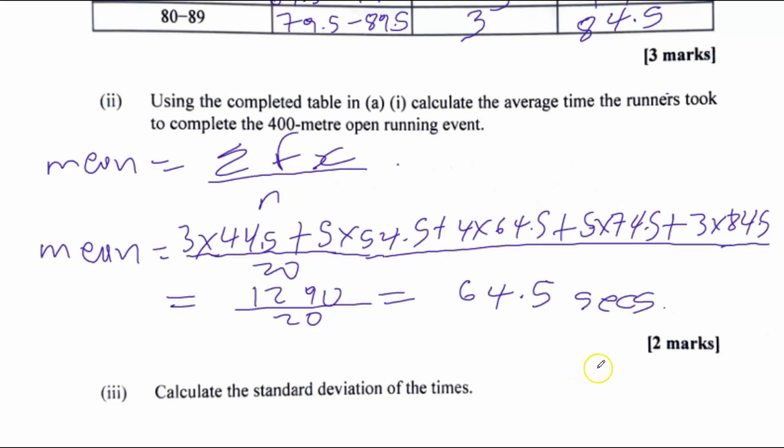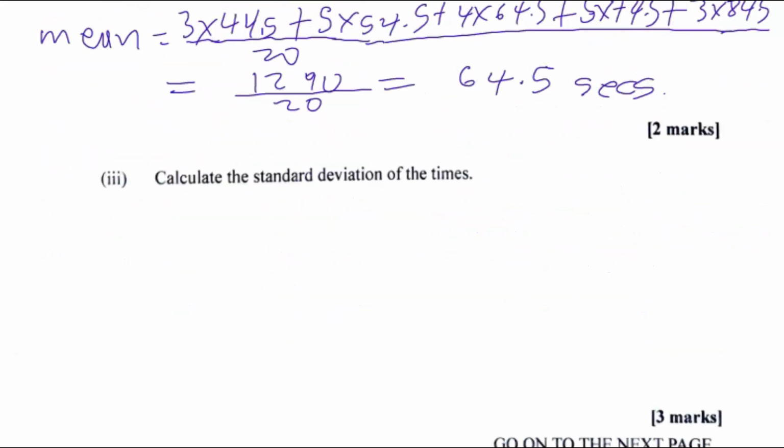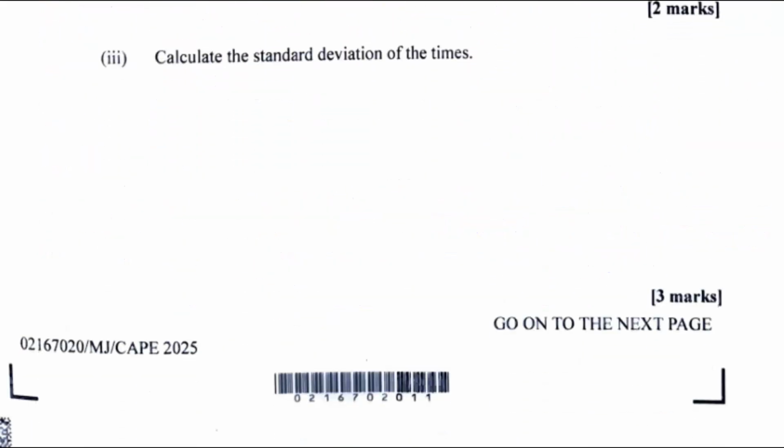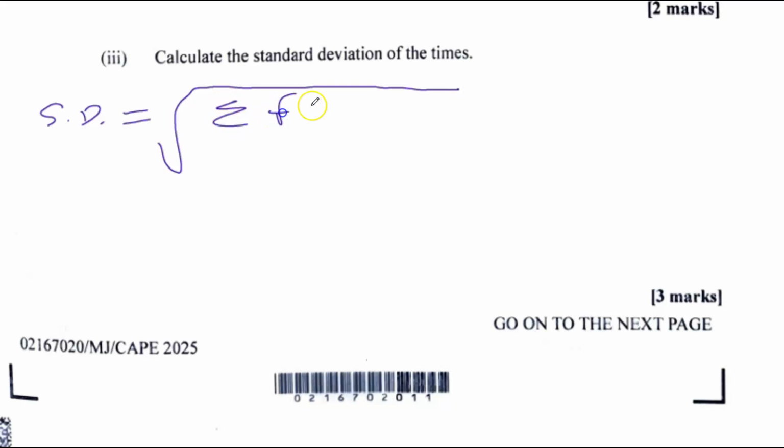And part 3, calculate the standard deviation of the times. So now standard deviation is the square root of the summation of f times x minus x bar squared. Well, it doesn't matter since you're squaring, but I'm going to put x minus x bar squared, where x bar is the mean.